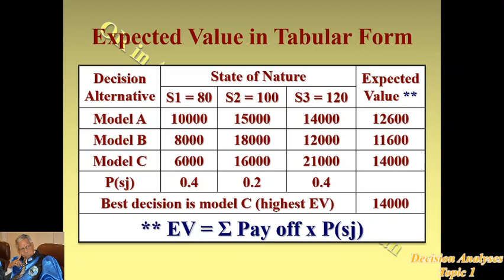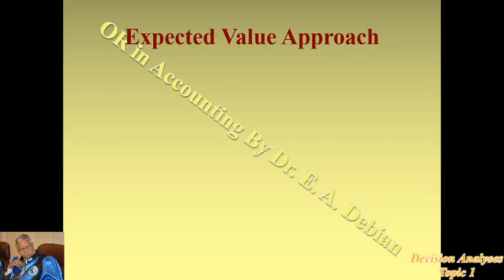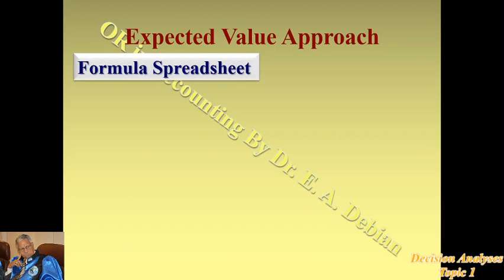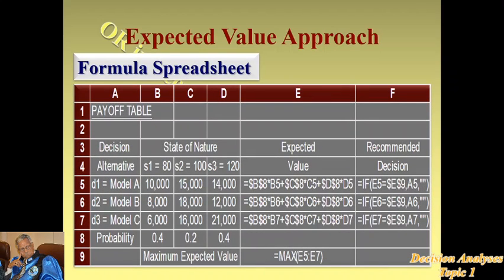Also, this approach can be expressed in an Excel worksheet. This is the Excel worksheet. This is the state of the payoff table and the probabilities. This is the calculation of the expected value.